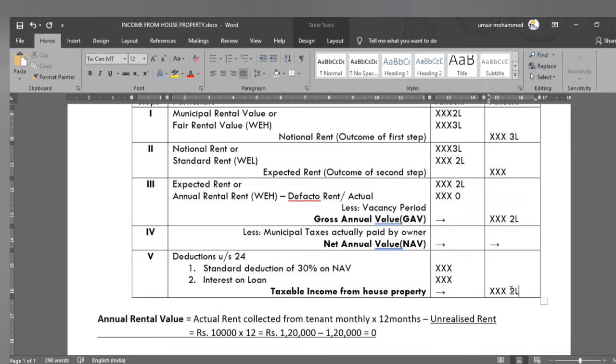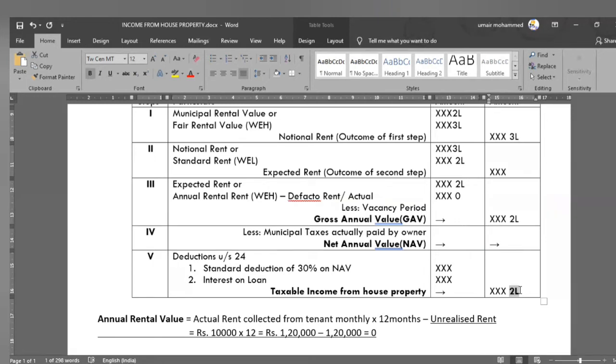Technically, you have not earned even a single pie from your house property because the tenant is not paying any rent. But the format is designed in such a way that even if the tenant is not paying rent, if you have still given the house property on let out, you still end up paying tax on this 2 lakh rupees.